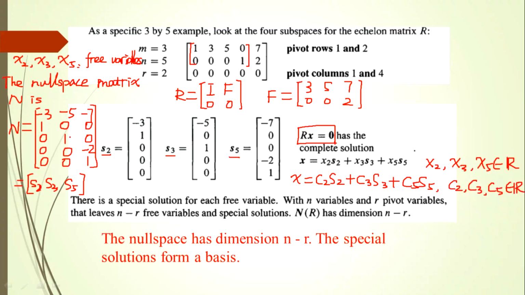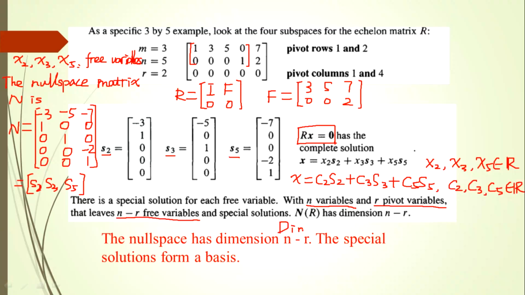So this is the special solution, right? This is the matrix N. So there is a special solution for each free variable. With n variables and r pivotal variables, the other n minus r will be free variables, right? So what is the dimension for the null space of R?